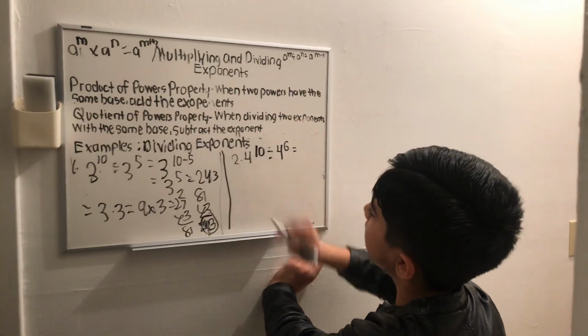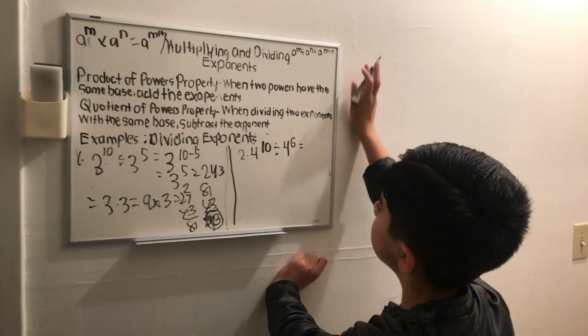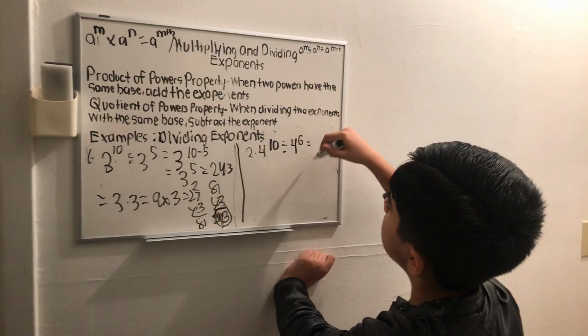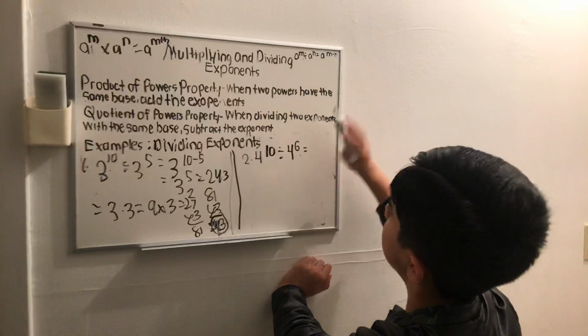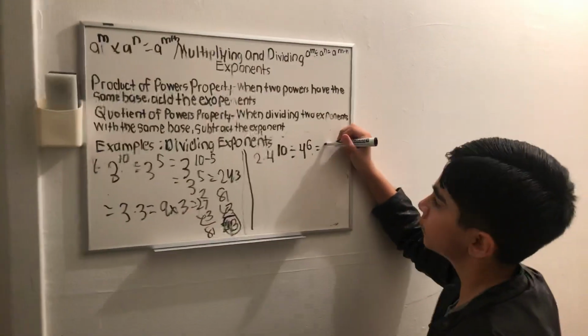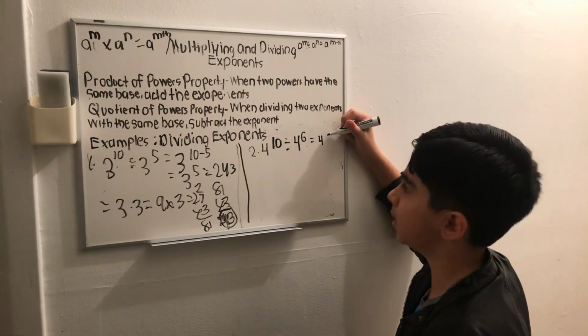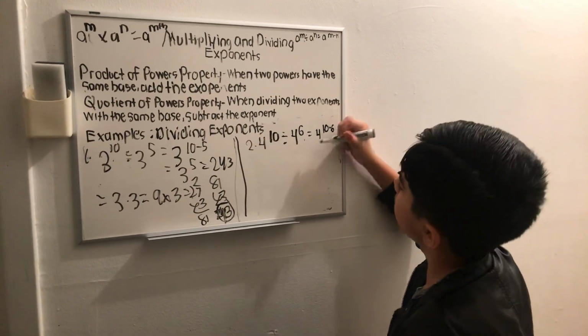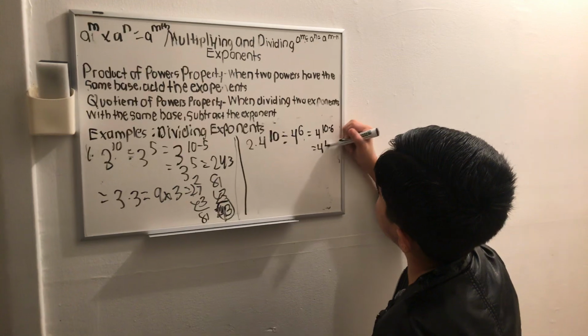Same thing here. 4 is the base a, 10 is m in this case, and 6 is n. So we do the same as we did before. Keep the base the same. 10 minus 6 is 4, so it's 4 to the 4th power.